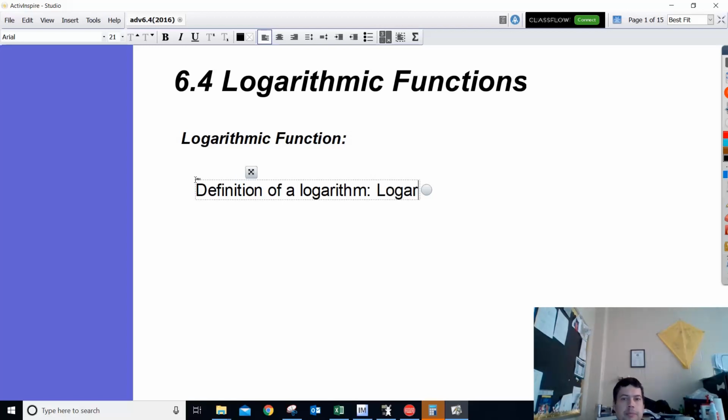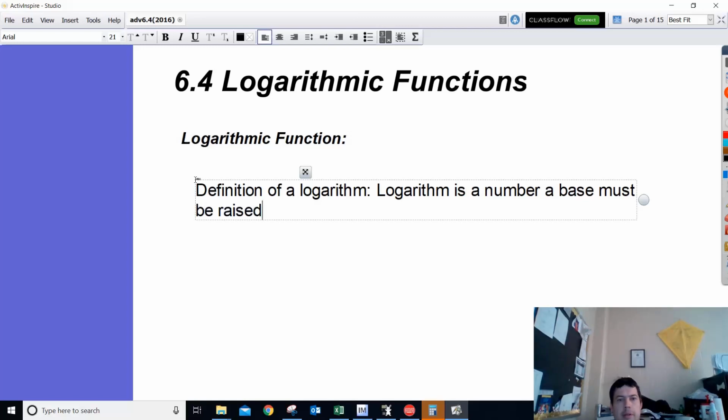Logarithm is a number of base that must be raised to generate a desired number.